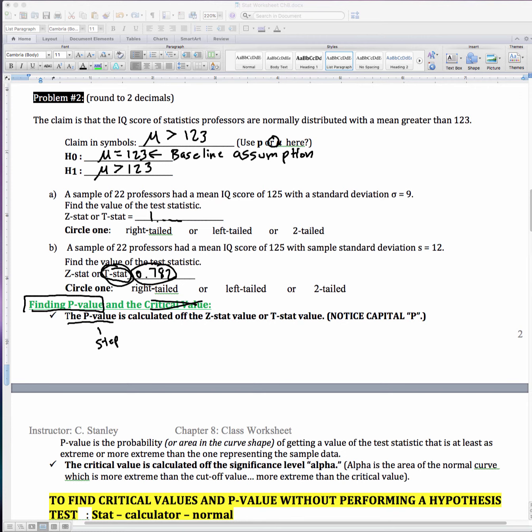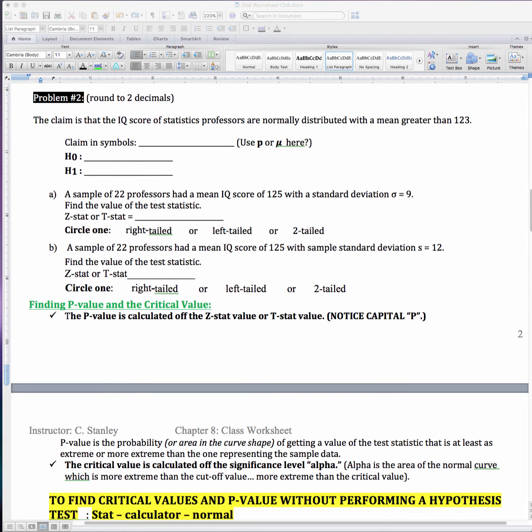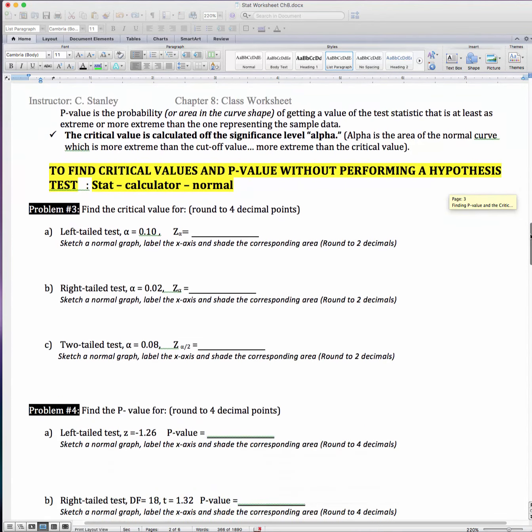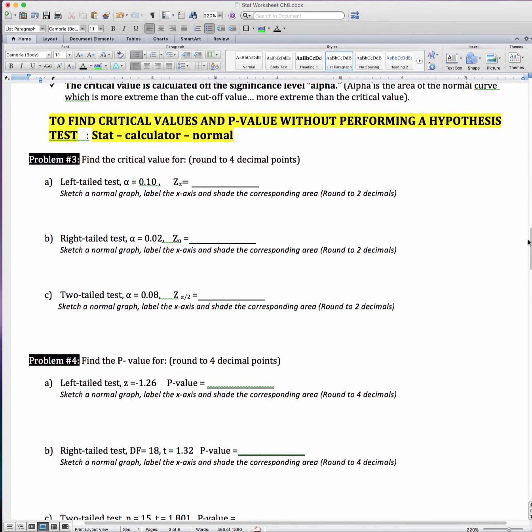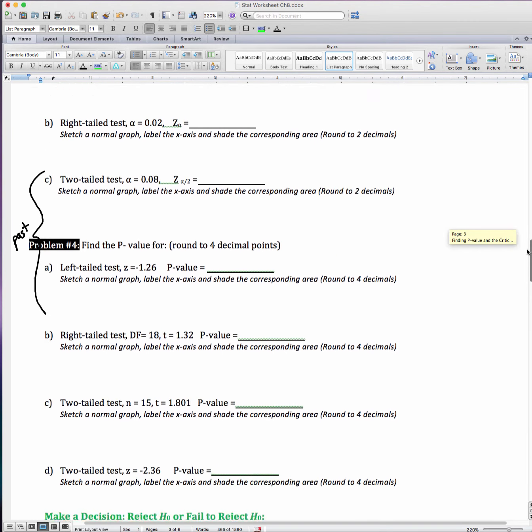It's not bad. We've actually done this before. It's just you didn't realize what you were doing when you were doing it. We've done all this in the past. We're not going to do critical values because it's just a different method. You might want to brush up on this. Even though I'm probably not going to ask it, it's still good to know.